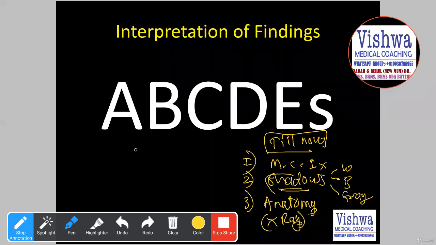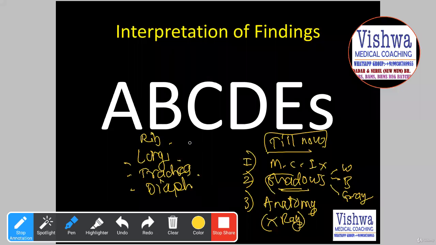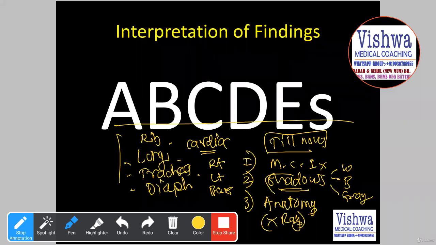That means how exactly lungs look like, how exactly trachea looks like, how exactly diaphragm looks like, how exactly the ribs look like, how exactly the cardiac shadow looks like, what is the right border of the heart, left border of the heart, base of the heart. So all those things we have learned in the first lecture.